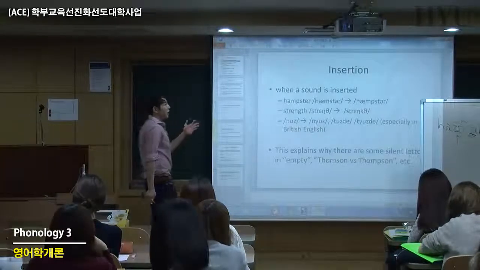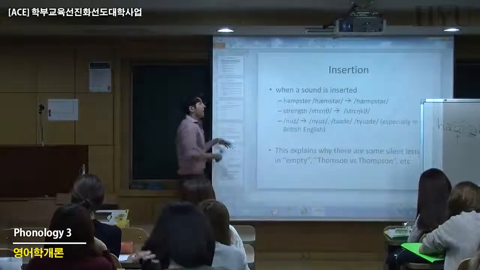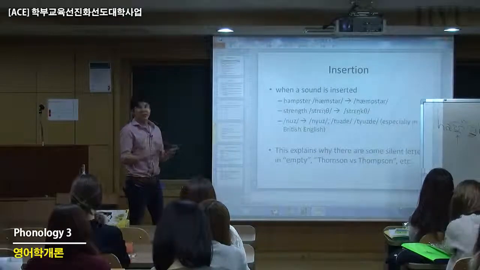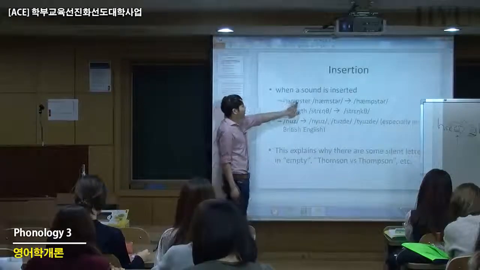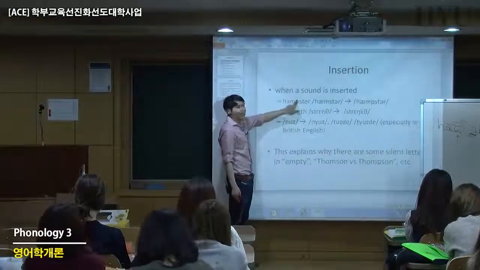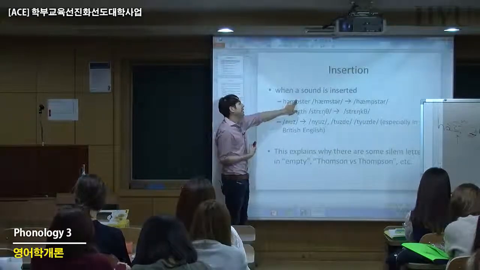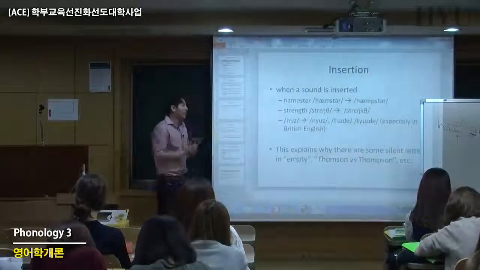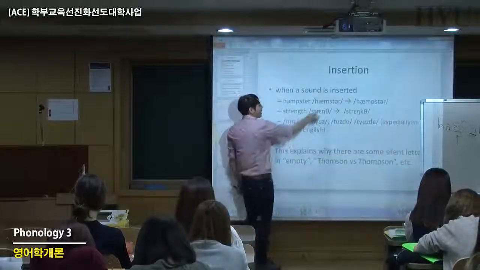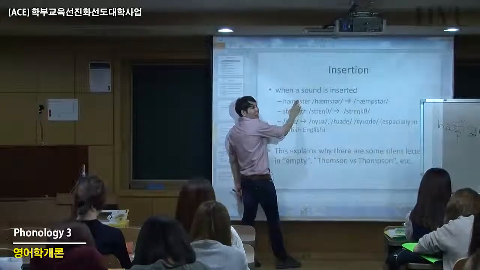Okay, next process is insertion. Insertion is, of course, just as the name suggests, when you insert some sound. Sorry, this word "hamster" doesn't have the P in the spelling, but in pronunciation, I just did it automatically. So "hamster", no P in the spelling, okay?